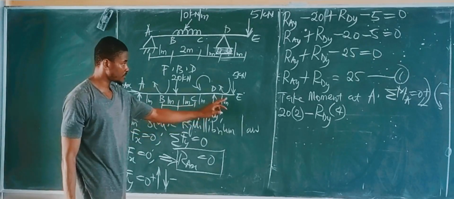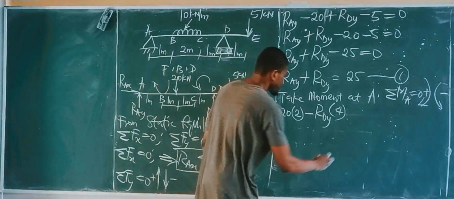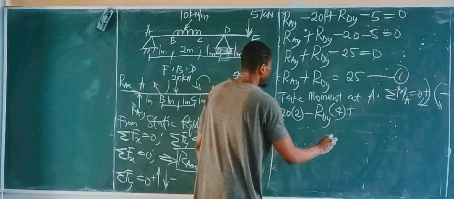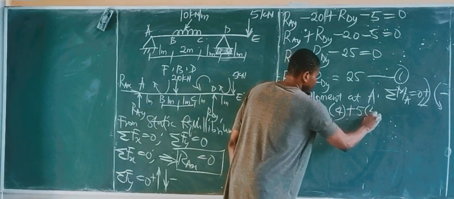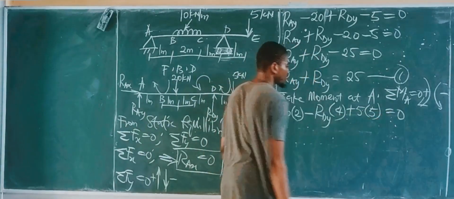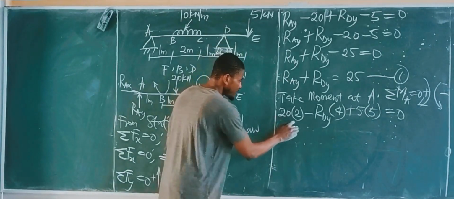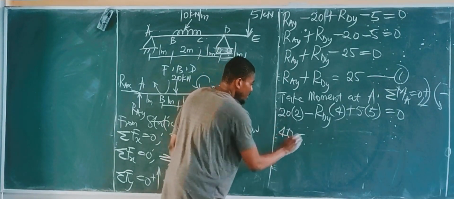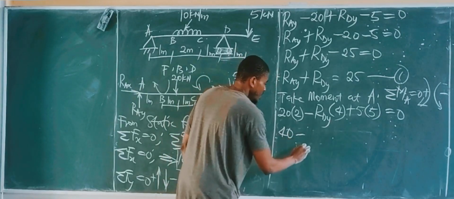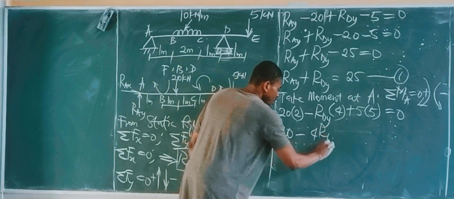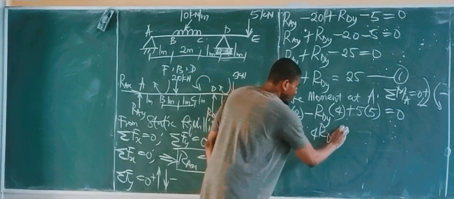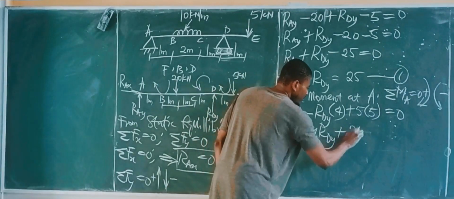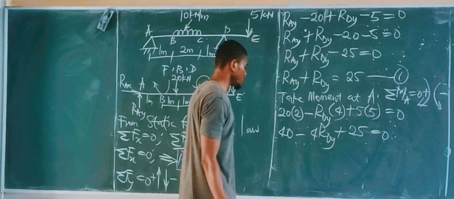That's the entire length of the beam. So we simply have plus 5 times 5, and that's equal to 0. So 2 times 20 is 40, minus 4 times RDY gives us 4 RDY, plus 5 times 5 is 25, and that's equal to 0.